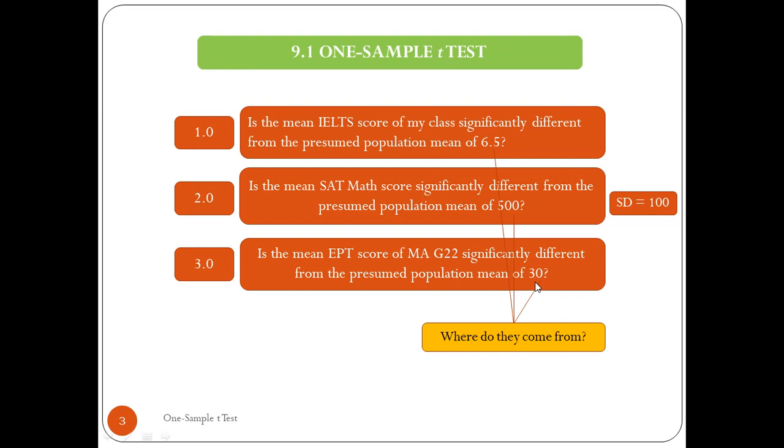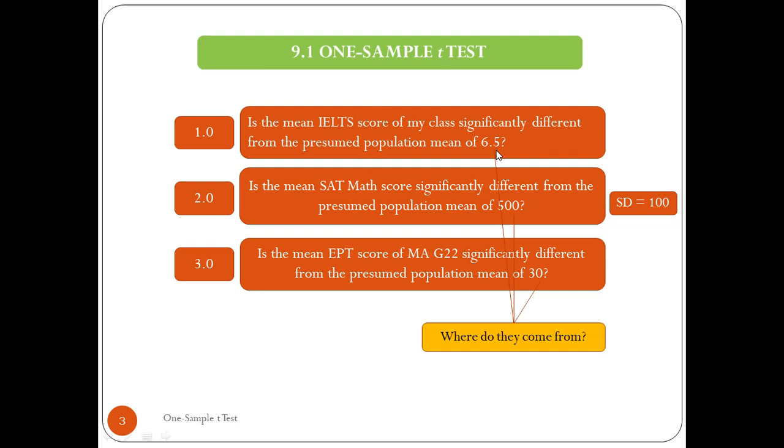There's a long story to it, and I want to tell that story a little bit. For example, a score of 6.5 is observed. Scientists, researchers, scholars observe when students in a country take the IELTS test year after year, and they construct the normal curve.